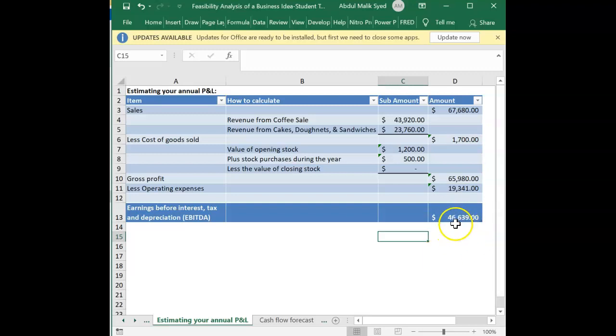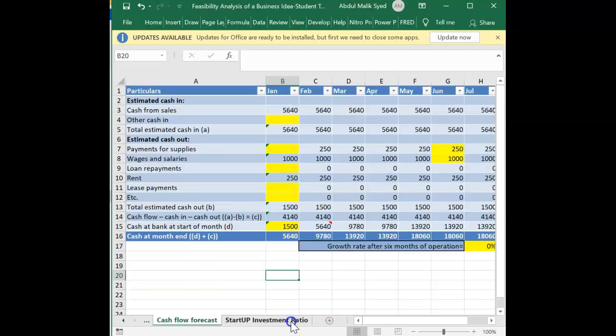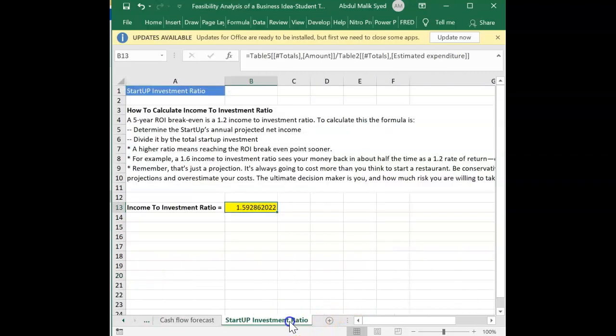You are making on a yearly basis $46,000 as profit. It's a good business. That's why you see many coffee shops flourishing. So the startup investment ratio is 1.5.